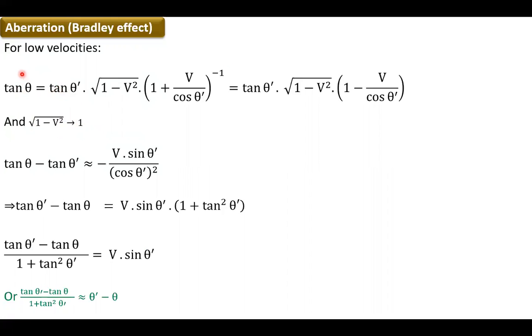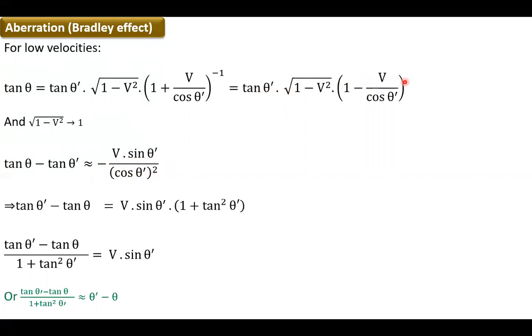So you will have a tangent theta, which is equal to tangent theta prime times 1 minus v over cosine theta. So tangent theta minus tangent theta prime is approximately equal to minus v sine theta prime over cosine theta prime squared, because you multiply by the tangent theta prime.